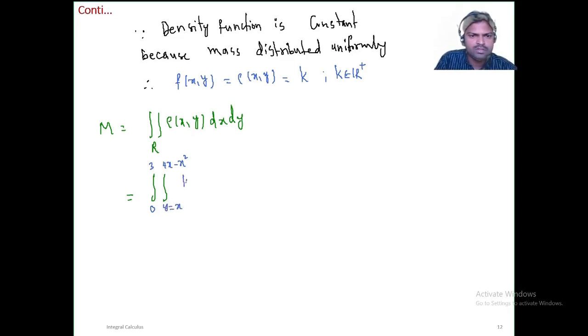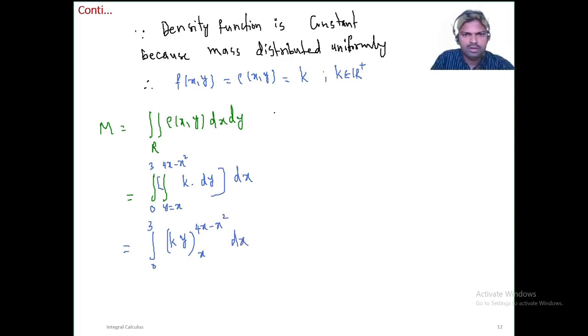It is a constant, so k into, first with respect to y we are supposed to evaluate because the y limits are dependent, after that with respect to x. So therefore integration 0 to 3, k into y, with limits from x to 4x minus x square, after that dx.